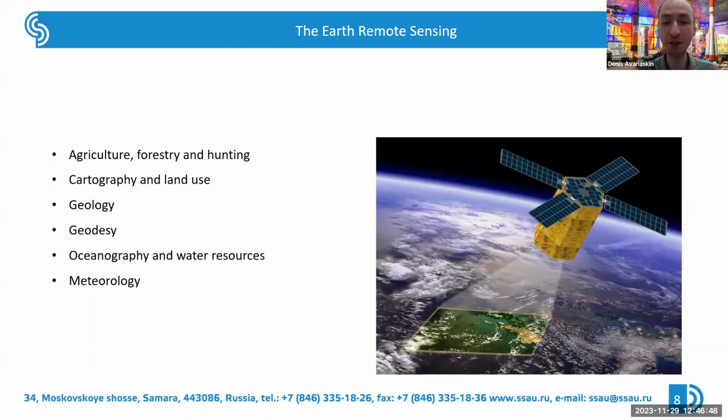We can use this information for geology or geodesy, oceanography, meteorology, and so on. So pictures of our Earth from orbit are very useful. And we can get the pictures not only in optical frequencies, but in other frequencies as well, such as infrared or ultraviolet, to get different information about our planet.